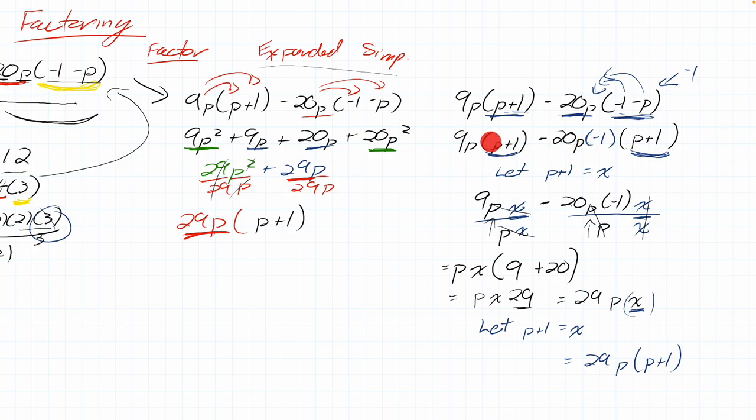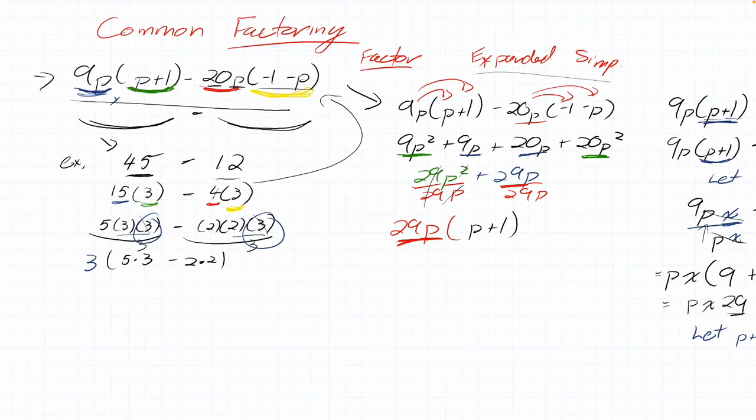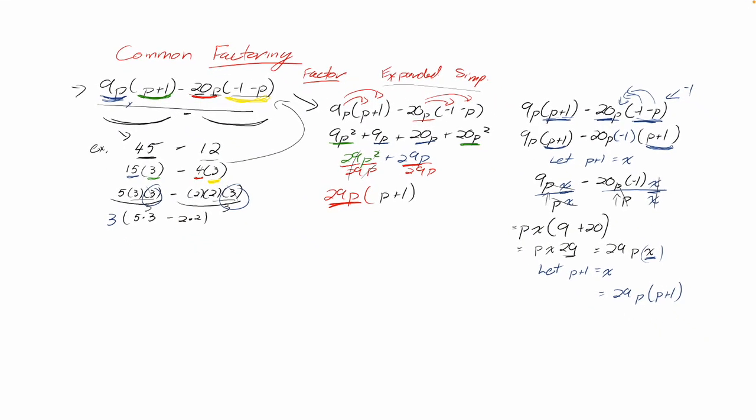I knew I could common factor the p out. 9 minus negative 20, which is 9 plus 20, gives us our 29. So mentally, this is something, though it looks like a very long algorithm, that's actually easiest for someone like me to see. This is one I'd probably have to write out. I wouldn't be able to hold all those different terms in my head and then common factor them all out. And this is just kind of an example of what a common factor looks like. Does that idea kind of make sense there?